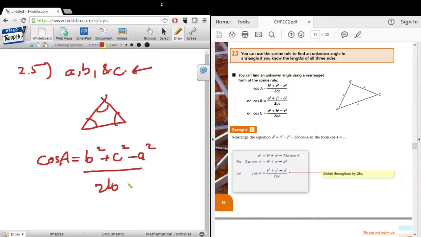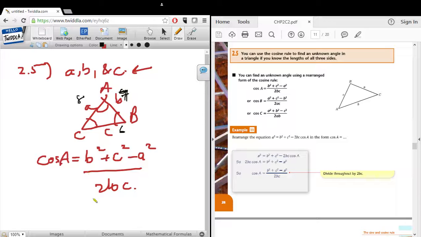So in this particular case, let's say this is a, this is b, and this is c. Let's say this is 8, let's say this is 4, let's say this is 6, let's make this 7 actually.